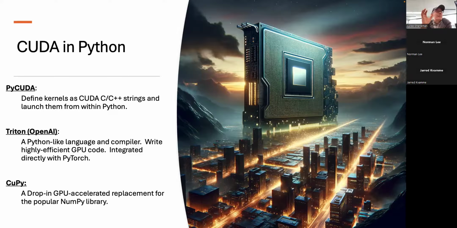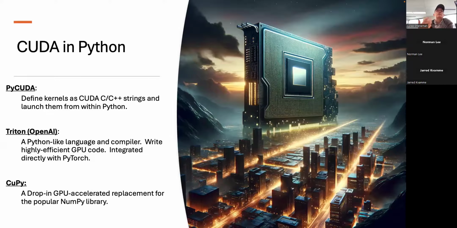The thing about Triton is it's highly efficient. All of the problems that I just described with doing low-level CUDA programming, they've worked out so that when you do stuff in Triton, it's more or less optimal. It's going to be better than what most professional CUDA programmers can develop. And it integrates directly with things like PyTorch.